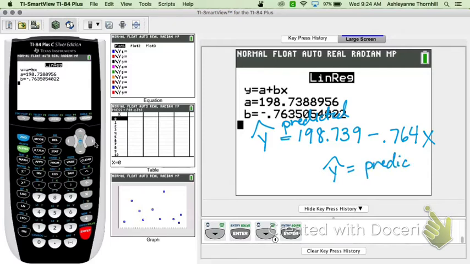Predicted weight. And my x represents age. If I ever ask you to report the line of best fit or my LSRL, you'll want the actual equation, you'll want the hat, and you'll want to define your variables.